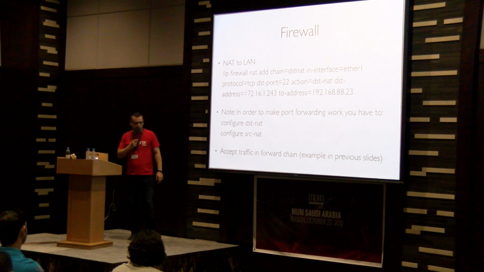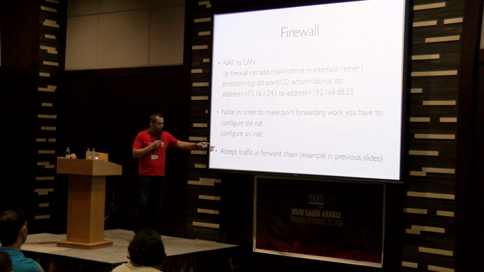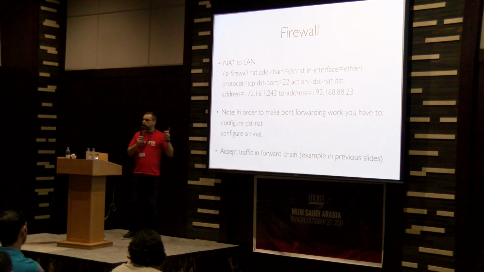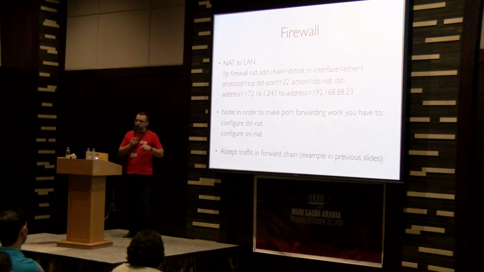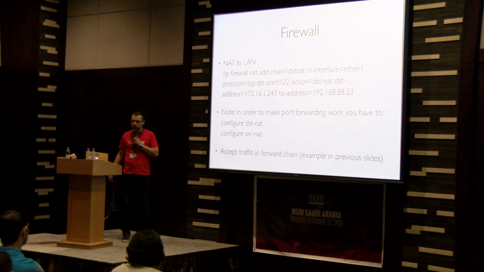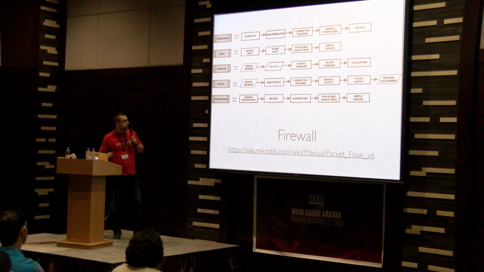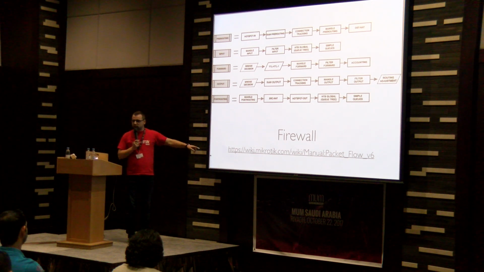I think the most common mistake is that you have to accept traffic in the forward chain. I previously explained that I dropped everything coming inside the router through the internet interface except destination NATed packets. That is what I was talking about. And in the previous slide, you did see I accepted packets in forward, right?